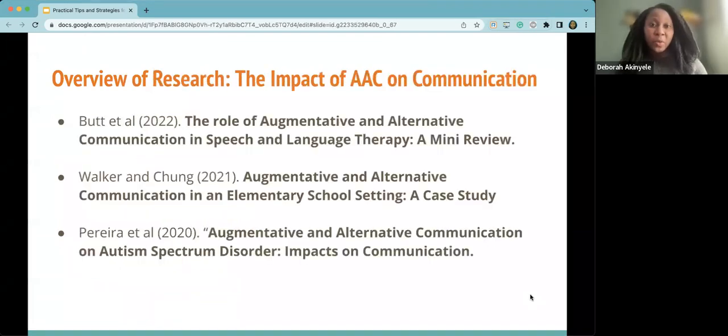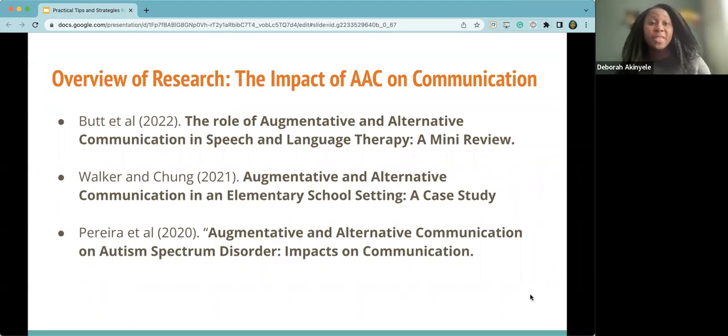So a really quick overview of the research that really helps us to understand how beneficial AAC is for communication. It is really looking at how when AAC has been used to augment understanding, to augment communication, there has consistently been an increase in the individual's ability to initiate communicative acts.